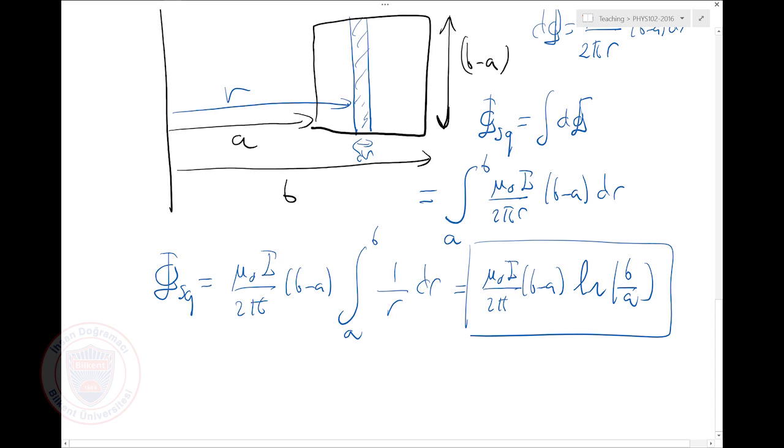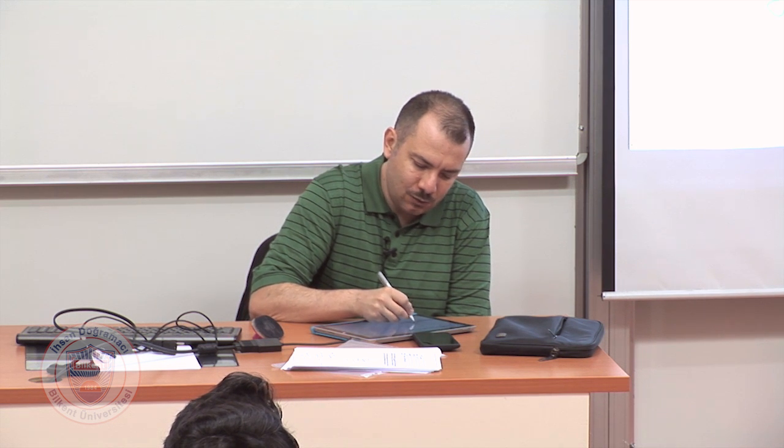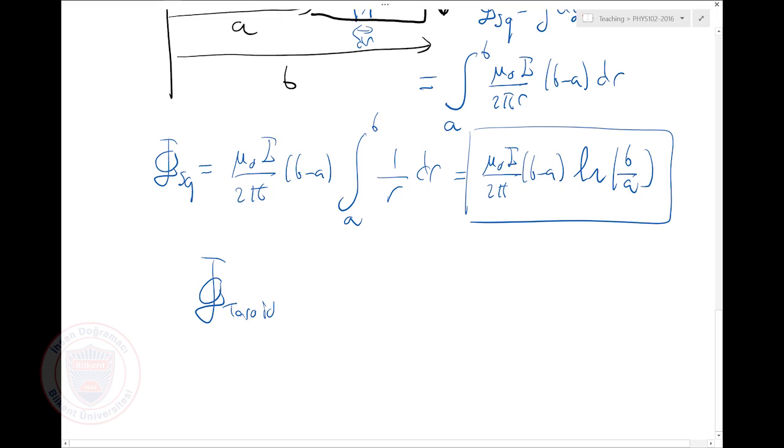Now this is the flux through one square. If I actually want the flux through the whole toroid, what do I need to do? I just need to multiply it by n, because I have n turns of wire along the toroid. So I can say flux of the toroid is n times flux of the square.